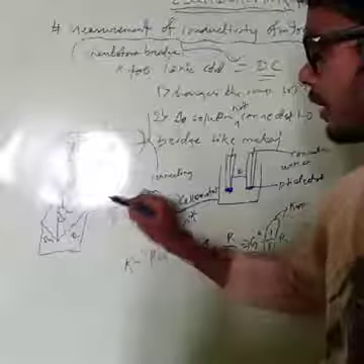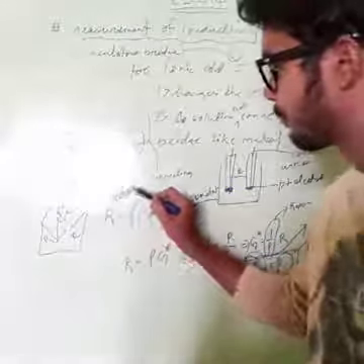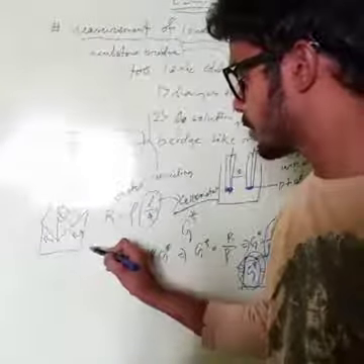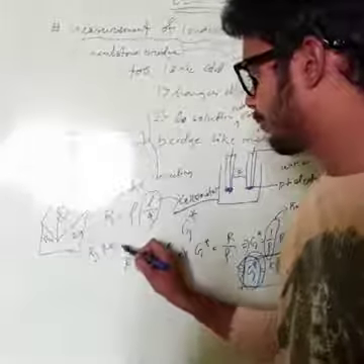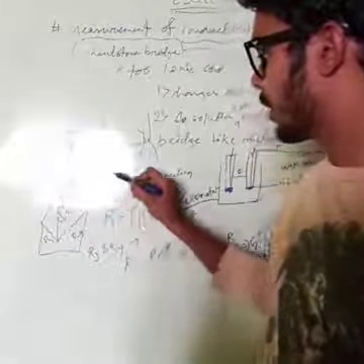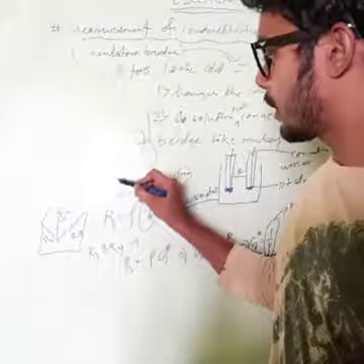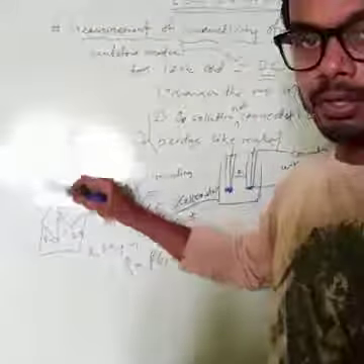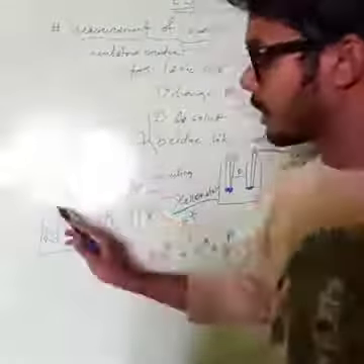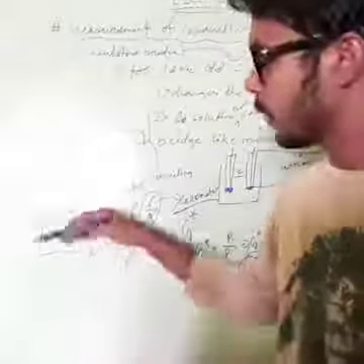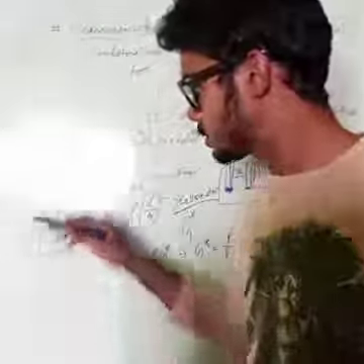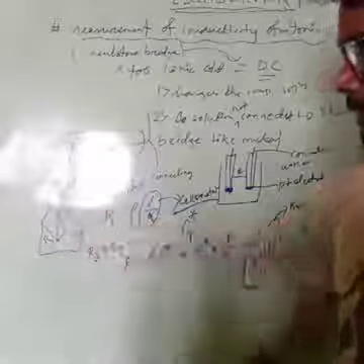This is the detector. R3 and R4 are the two fixed resistances, R1 is the conducting cell resistance, and R2 is the variable resistance. Here the variable resistance is to be fixed to measure the value, the resistivity, the conductance of this cell, and you can measure it by this.